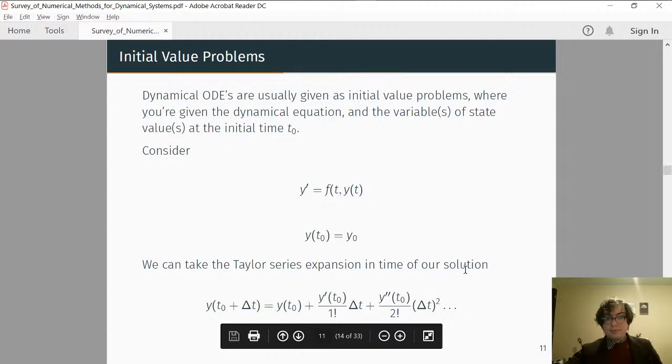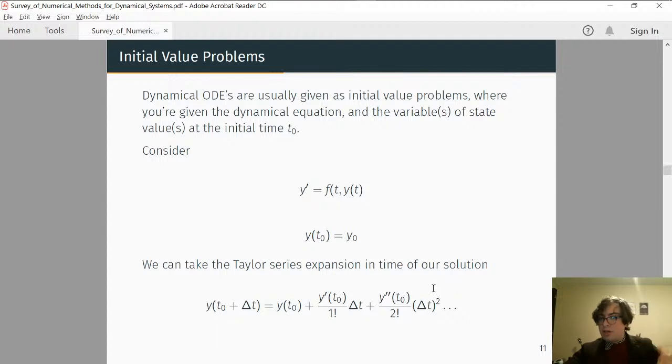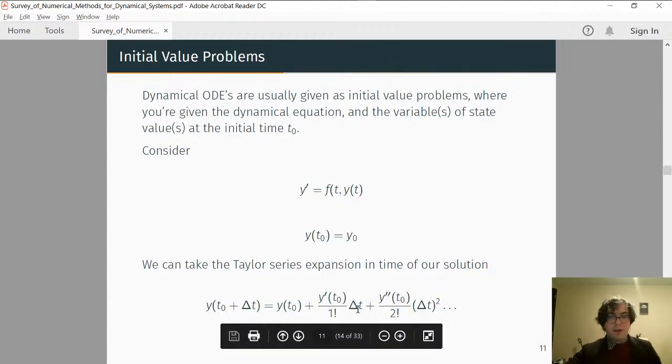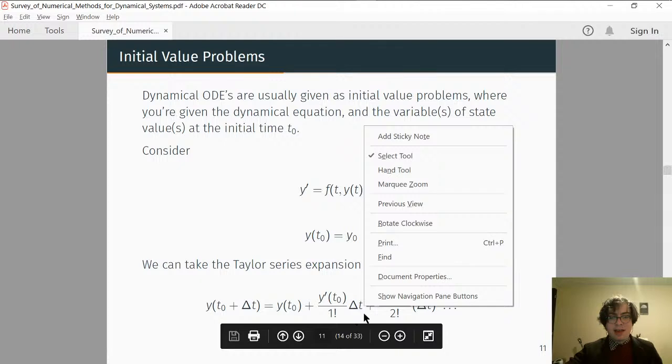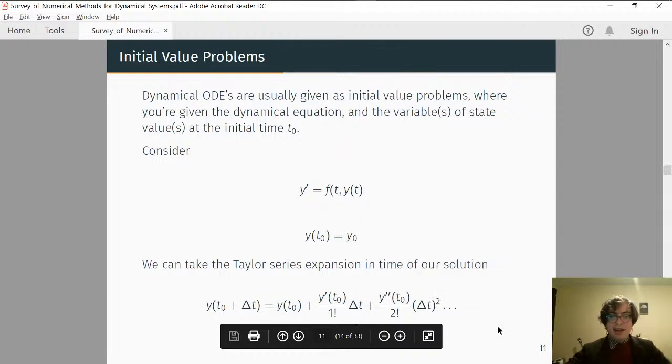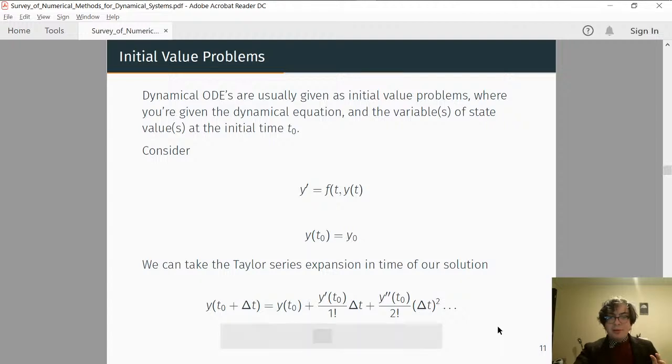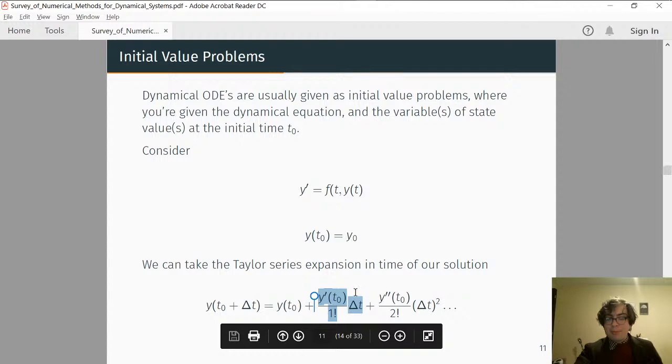Now, we're not going to use the full Taylor series. What do we do as engineers and physicists? We say 2 terms is good enough. The first order term, the term with just the time step, is good enough, and we're good to go. So then we can solve for this y prime in terms of delta t and the initial conditions.